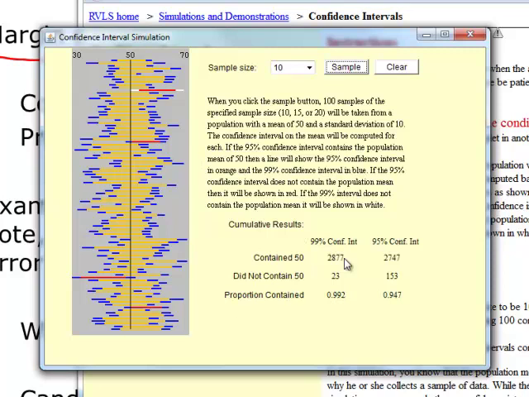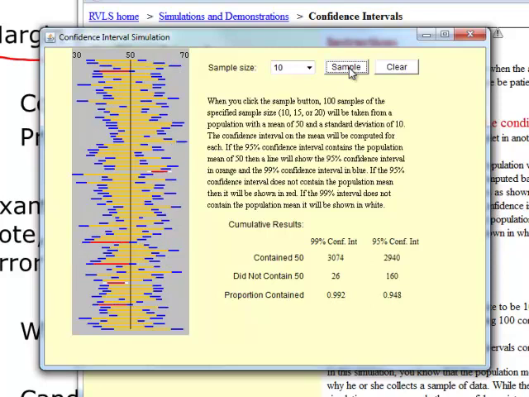And so overall, you can see these proportions correct changing. So here now we're at 0.992 for our 99% interval and 0.947. So we're actually getting closer to 95% for this setup.